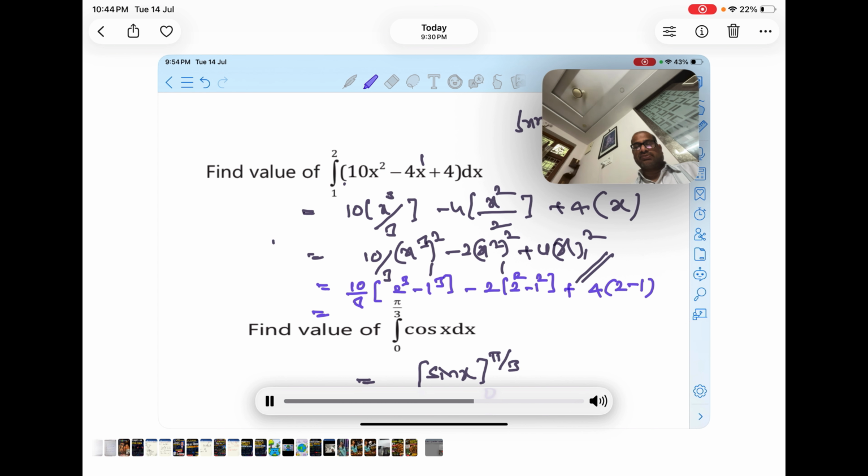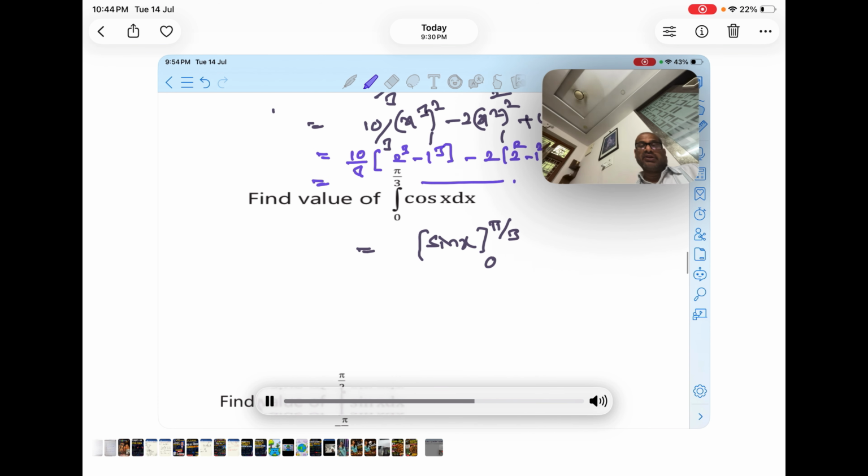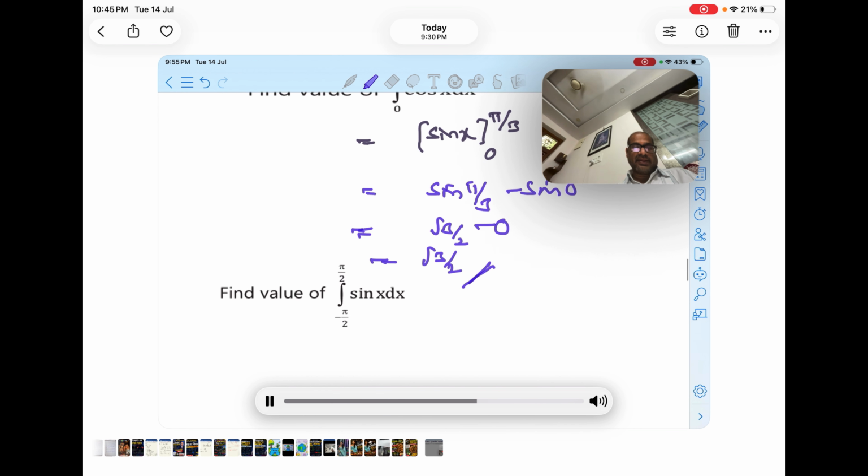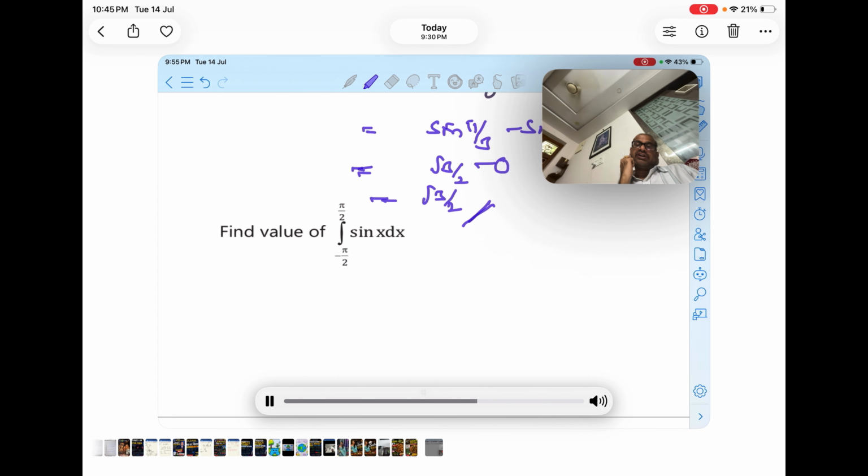Okay. Similarly, integration of cos x will be sin x, upper limit minus lower limit: sin pi/3 minus sin 0. sin 60, what is the value? √3/2 minus 0, which is equal to √3/2. Is that understood? Yes. Same, d/dx of cos x is minus sin x, so integration of sin x is minus cos x. Limits are from where to where?